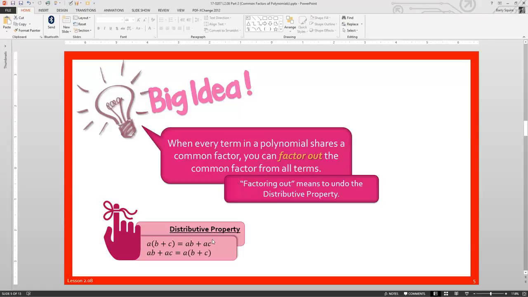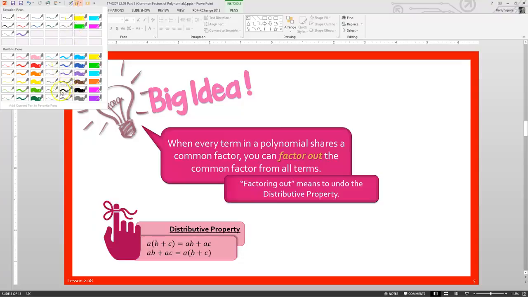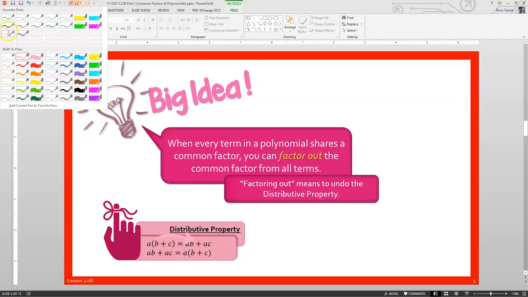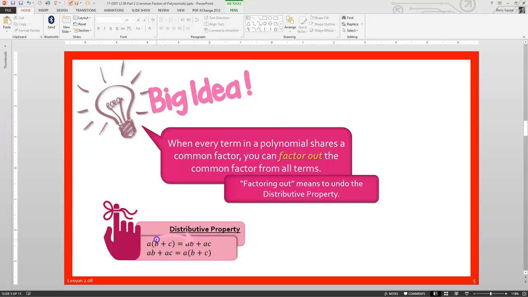And that's pretty much because we have typically learned that the distributive property works this way. When you go A times a sum, you get that.